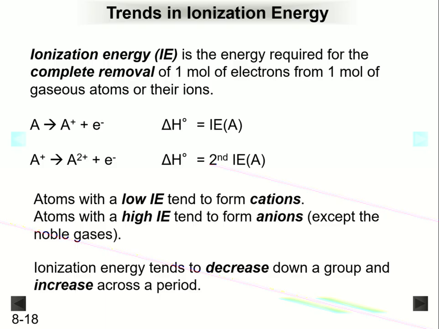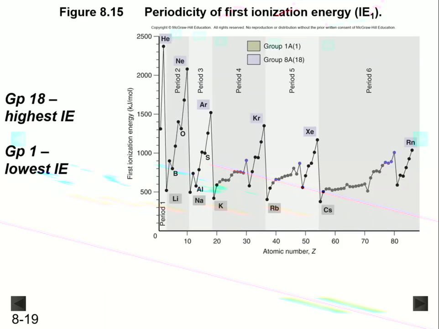The ionization energy also tends to increase across a period because the atoms are getting smaller, the effective nuclear charge is going up higher, and so it's harder to remove the electrons. And here's a nice picture of this. The group with the highest ionization energy is the noble gases, that is group 18. We see now, this is an inversion of the last graph we looked at.